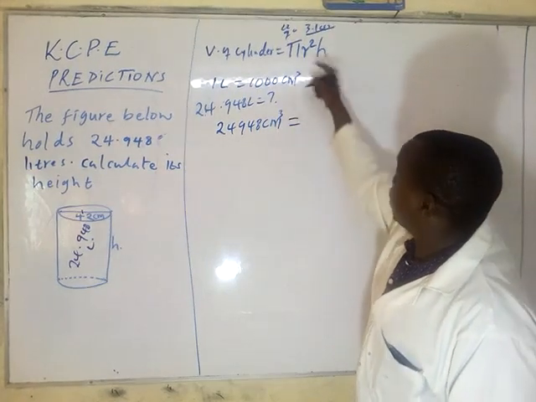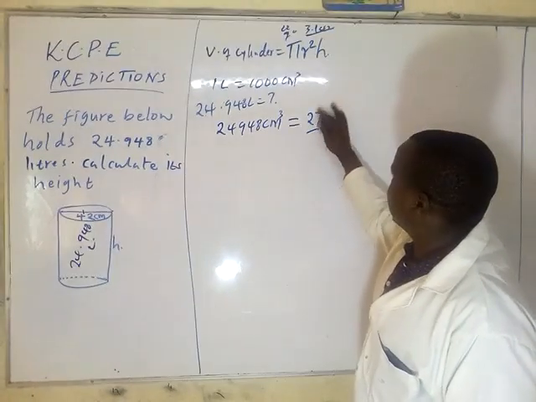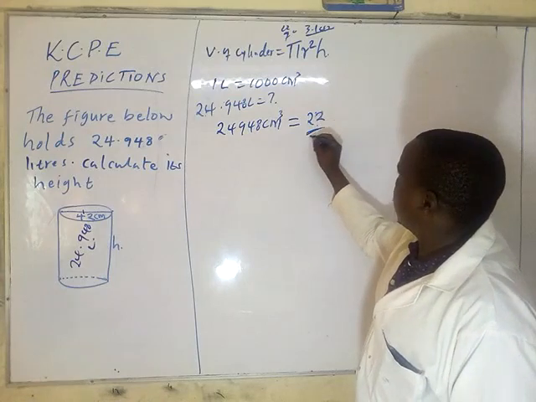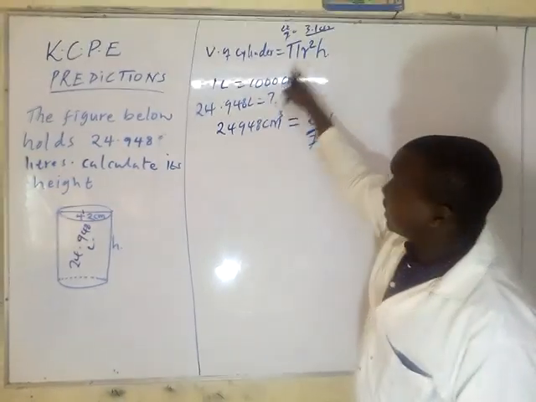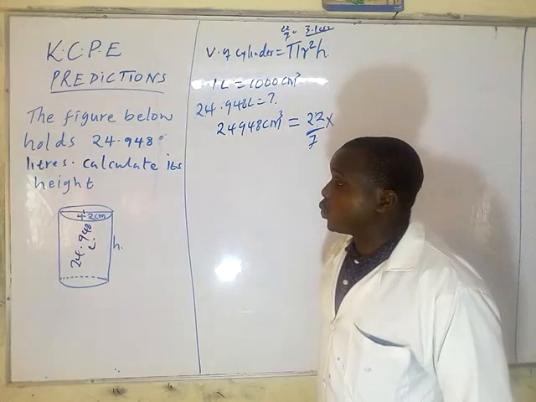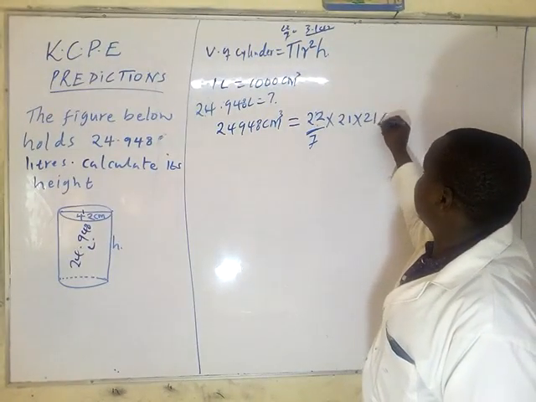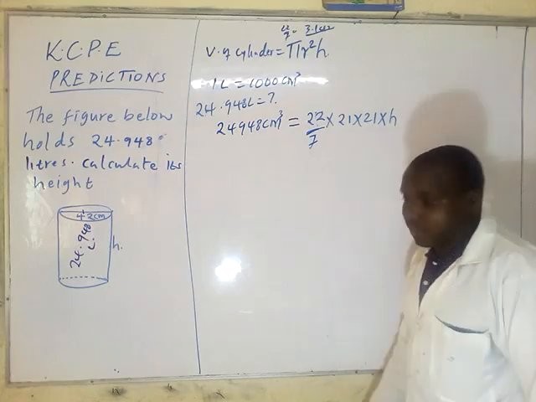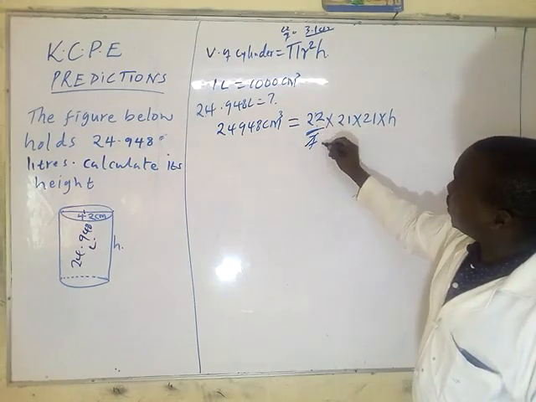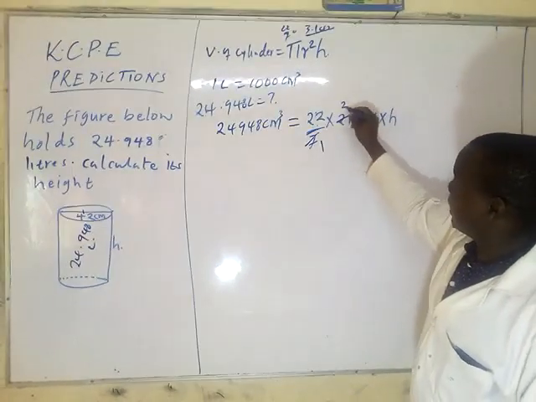This volume will be equal to 22/7 times the radius. The diameter is 42, therefore the radius is 21. 21 times 21 times height, but we don't have the height. Therefore, 7 goes here once, here thrice.